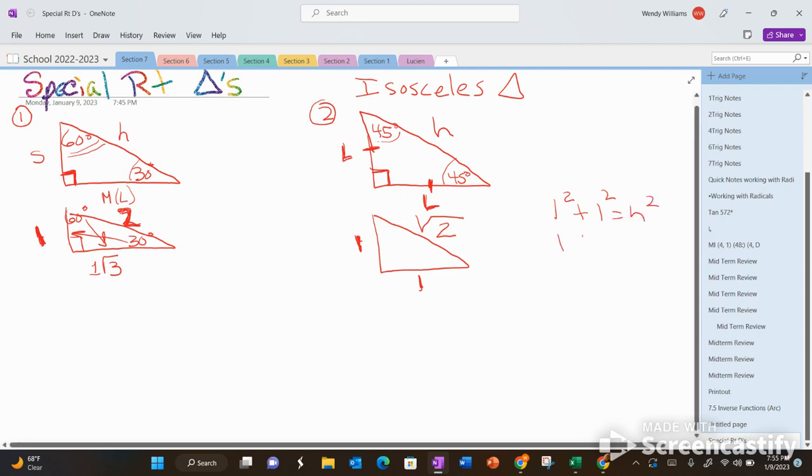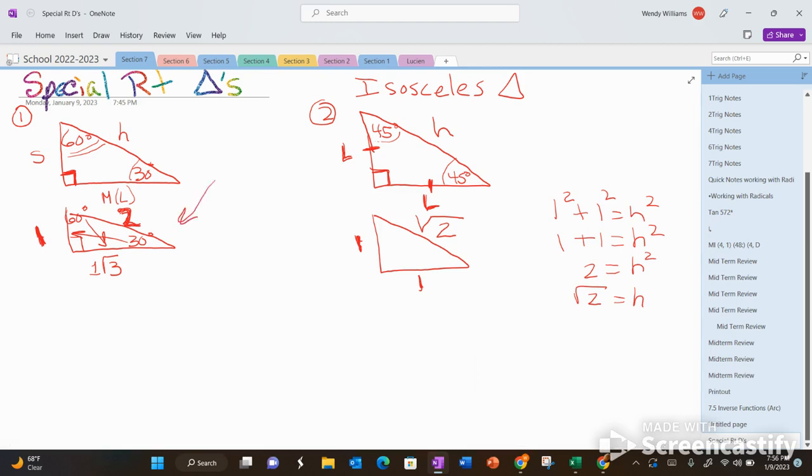Let me say that again. 1 squared is 1, 1 squared is 1, so 2 equals the hypotenuse squared. So the hypotenuse is simply the square root of 2. These are the special ratios of these triangles.